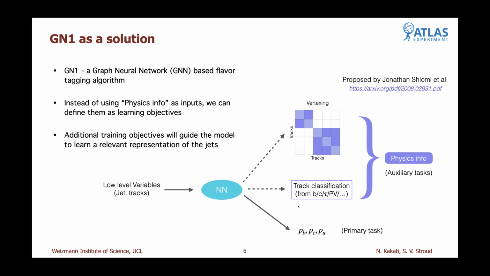The second task is, for each track, you try to predict its track origin, essentially whether it came from a B, a C, a tau, or a primary vertex, let's say. We call these auxiliary tasks, and the idea is that learning them will also guide the network in doing a better job with respect to the primary task.